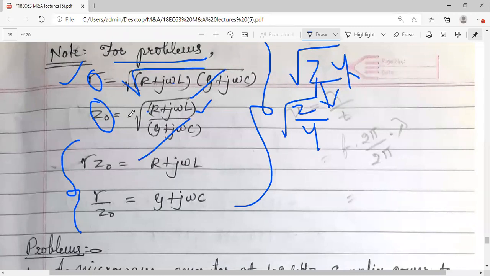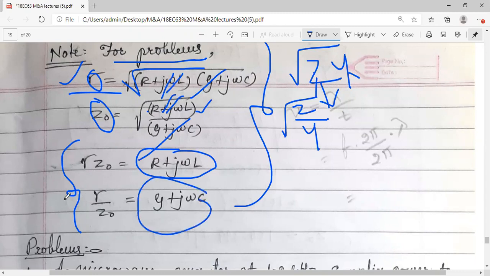Half plus half will become 1. So you will get r plus j omega l. And second, take the ratio gamma by z naught. If you take the ratio of these two, r plus j omega l gets cancelled. You will be left with g plus j omega c.